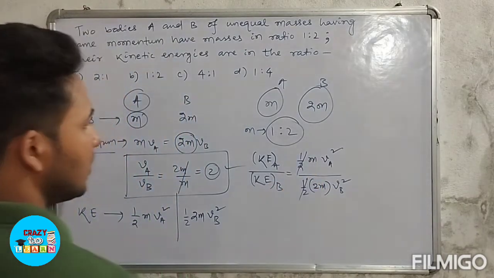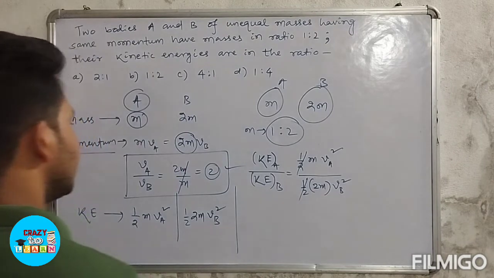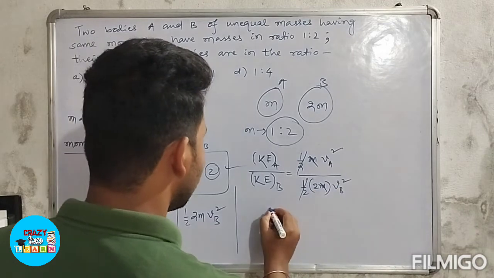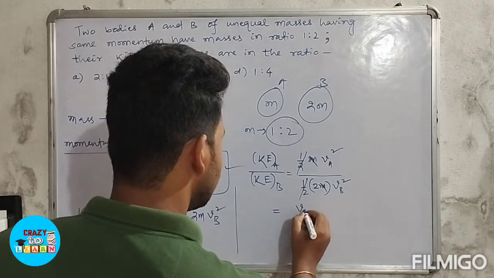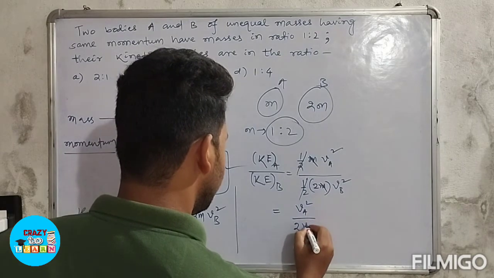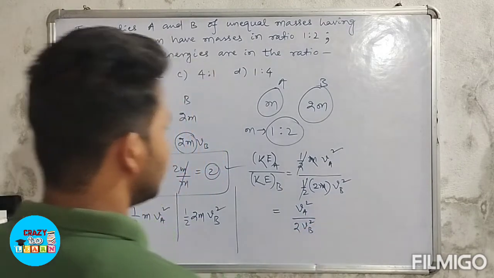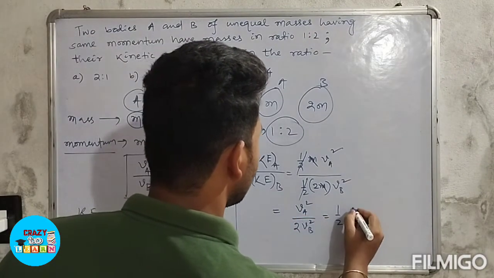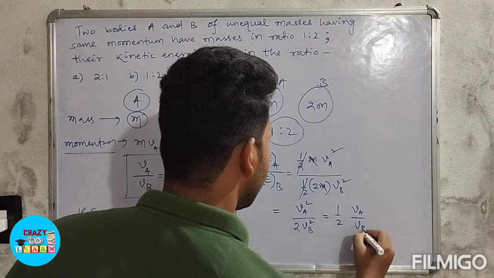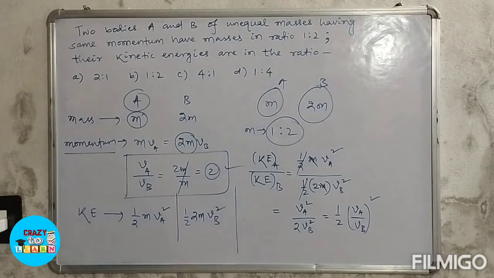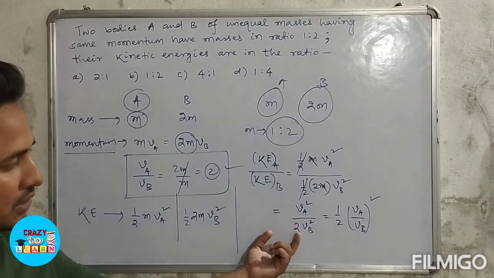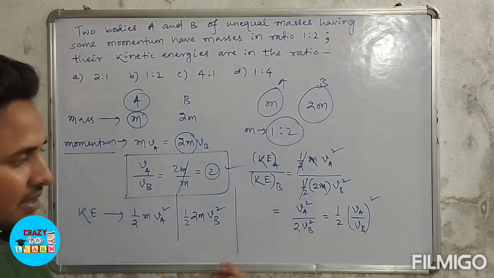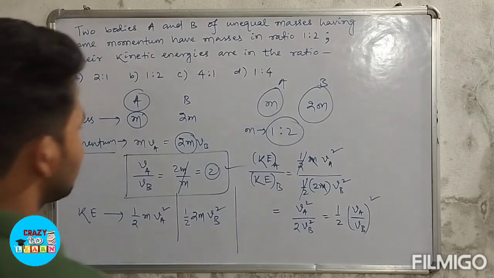So half cancels, then we get the kinetic energy ratio is va square by 2 vb square. If you separate the half and take the whole square, we can write half into (va by vb) whole square.